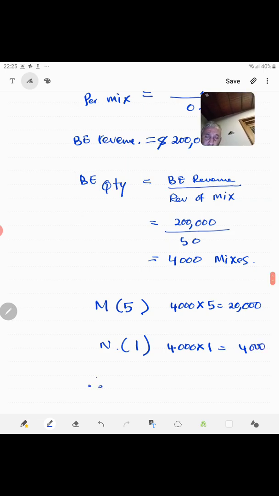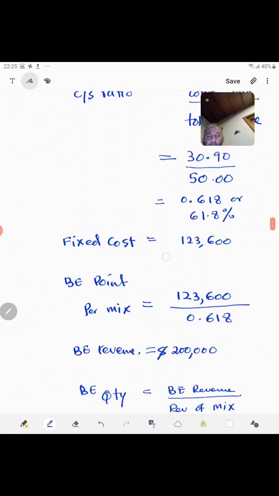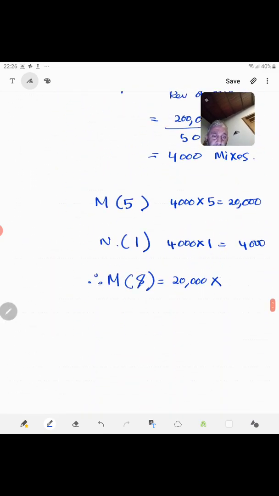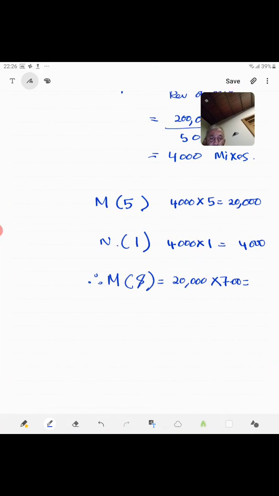Now we can find out the revenue in dollars of M: 20,000 times the selling price of $7, which gives 140,000.